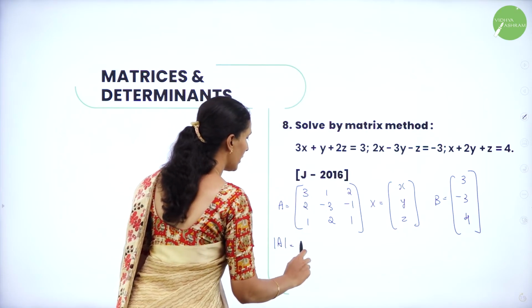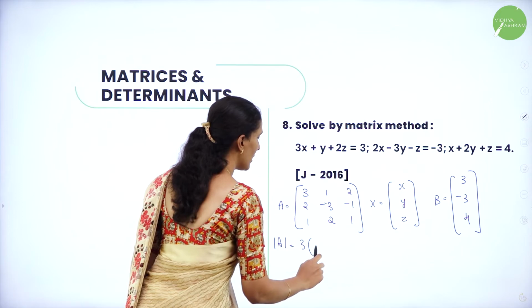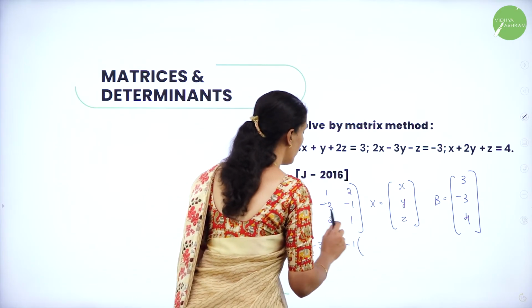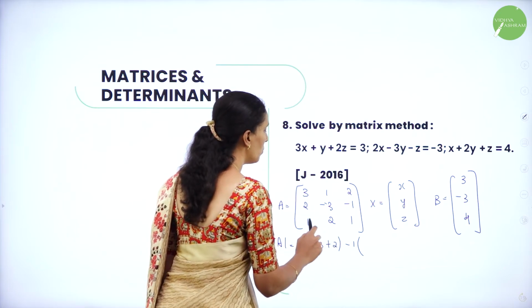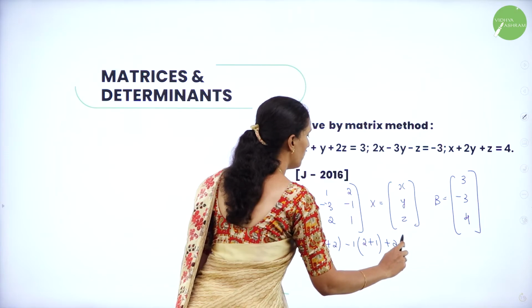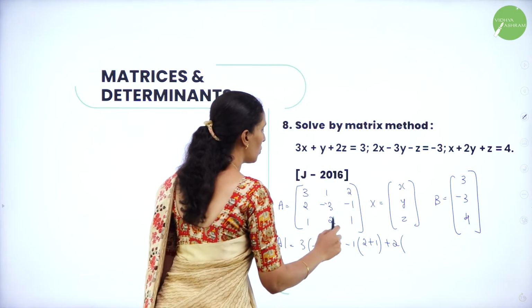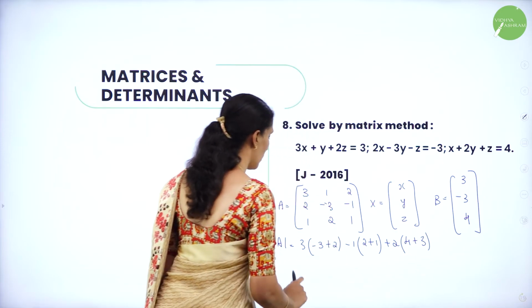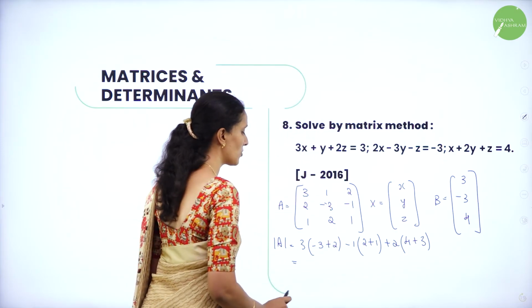So determinant A is 3 into minus 3 minus of minus 2 plus 2. Minus 1. So we have 2 minus of minus 1 plus 1. Next plus 2. So we have 2 twos are 4 minus of minus 3 plus 3. So here we have minus 3 plus 2 minus 1.